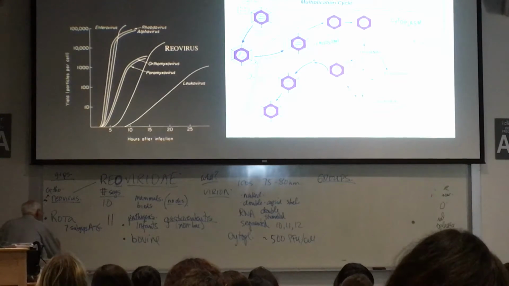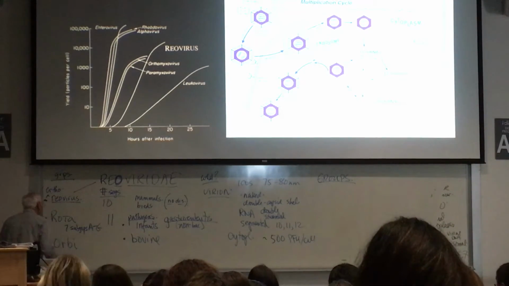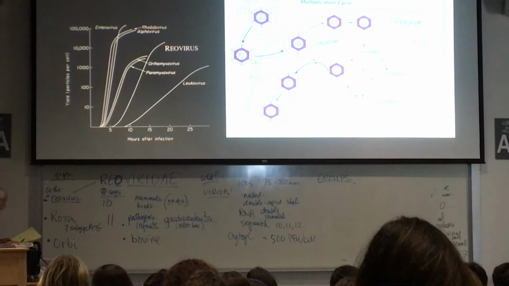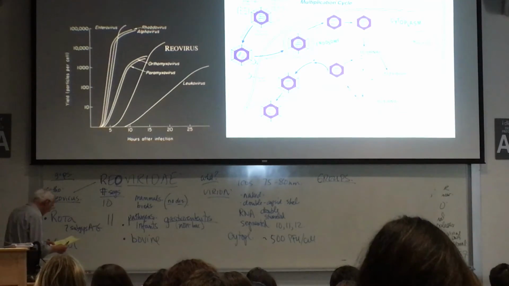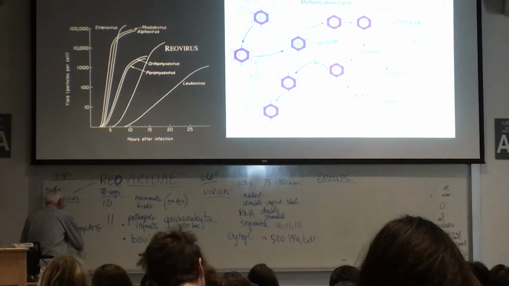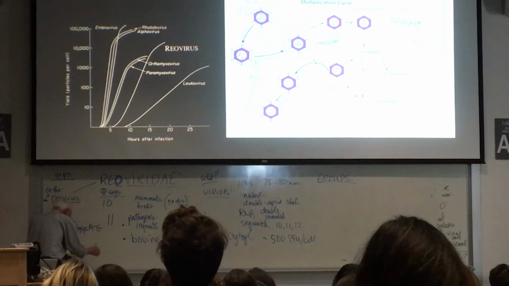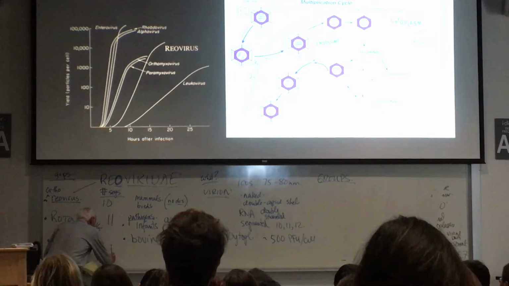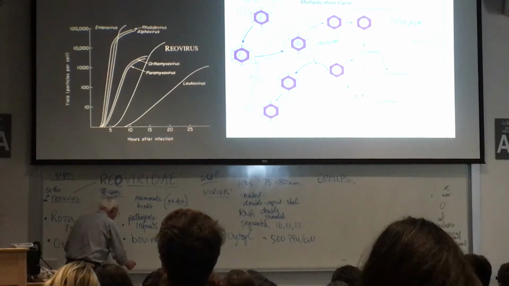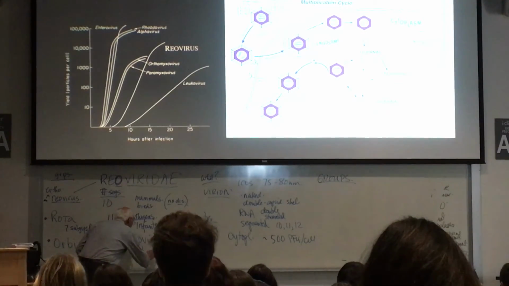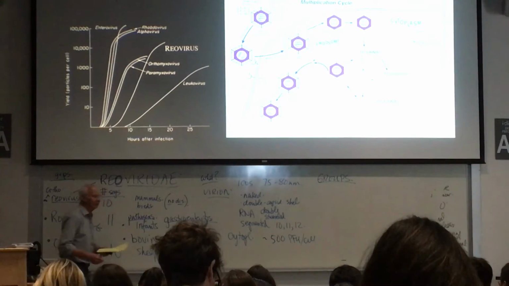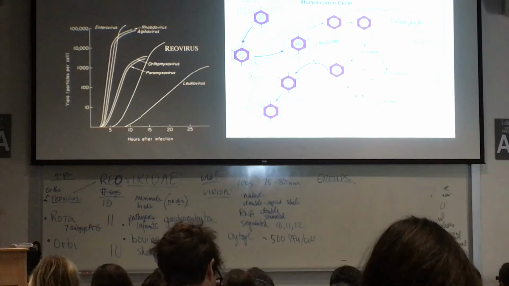So the third group of Reoviridae that I want you to know about are the orbiviruses. These likewise include some important pathogens. These viruses have 10 segments and are important viruses of sheep, causing disease in sheep.